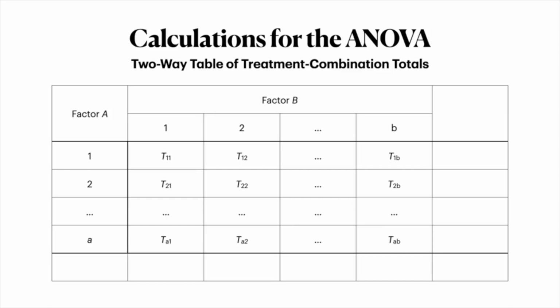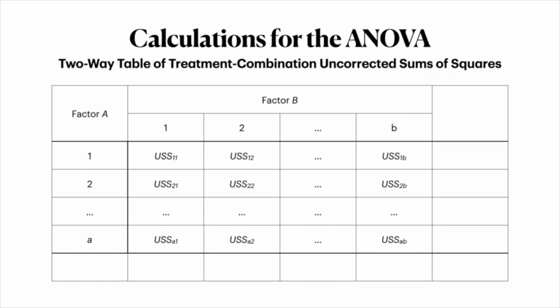Notice also that I have an extra row at the bottom for column totals and an extra column on the right-hand side for row totals. Here is the two-way table of treatment combination uncorrected sum of squares.